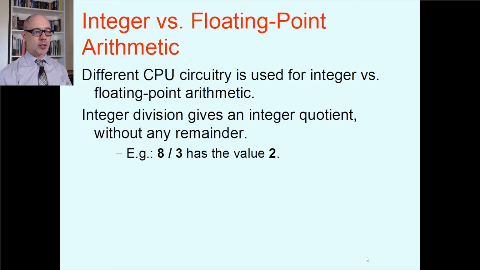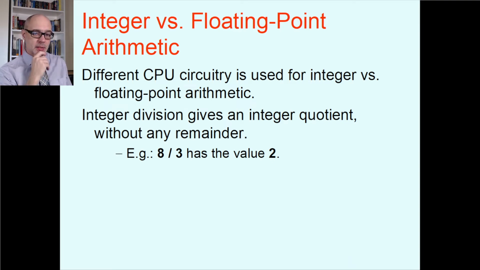If you're dividing two integer values, the circuitry that does that just hands you back an integer quotient, no remainder, no decimal places. So for example, in C++, if you just write 8/3, 8 divide 3, what types of numbers are the 8 and the 3? Well, those are integers. If you write a number like that, it's treated as an integer literal. That's in the last video or so. And that comes back as just 2.